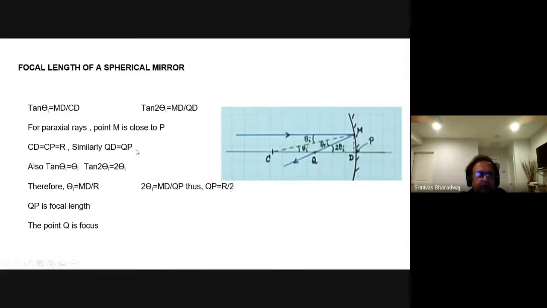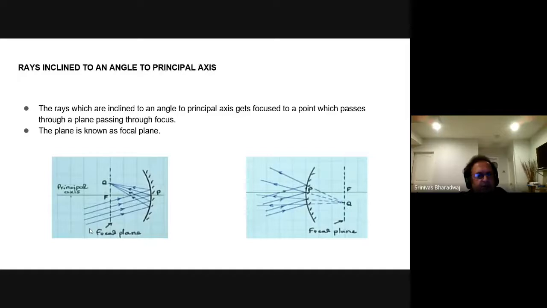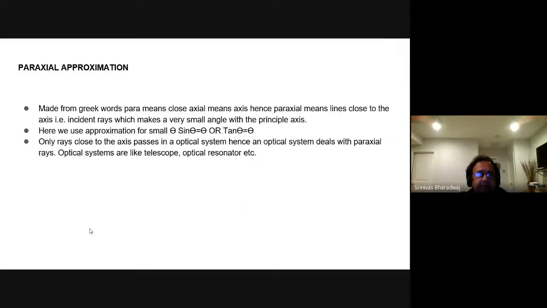For paraxial rays, point M is close to point P, so for such rays QP equals R by 2. Therefore, QP is the focal length. The point Q is called the focus. Therefore, f is typically R by 2 for rays close to the center. So remember the paraxial approximation.